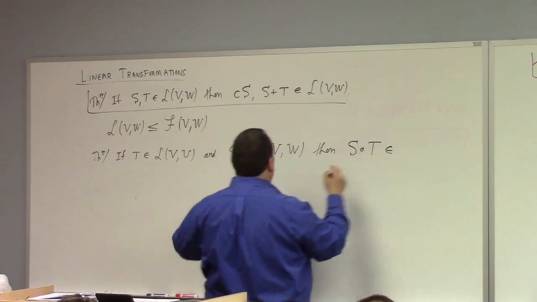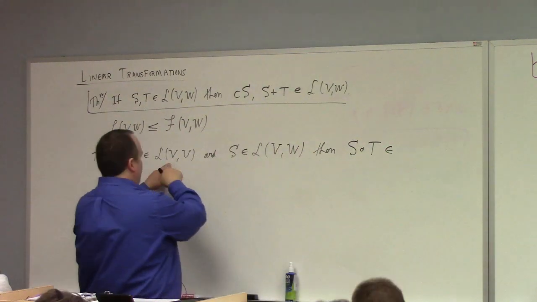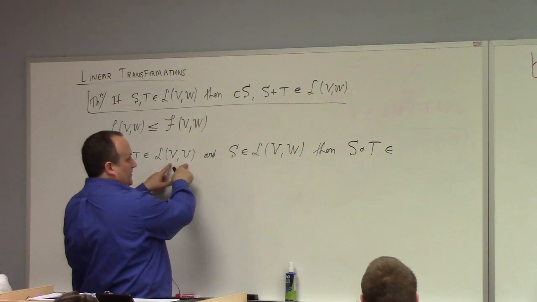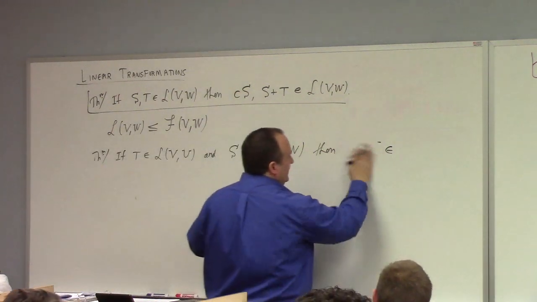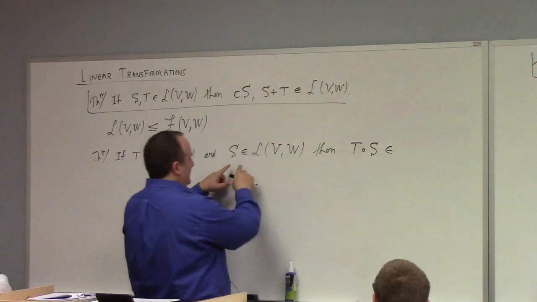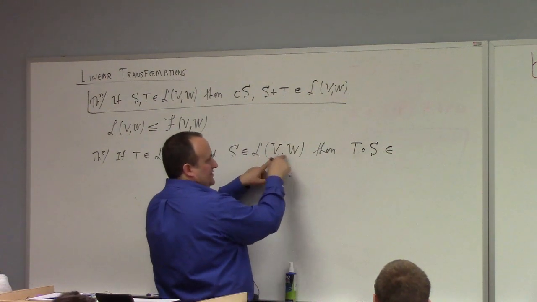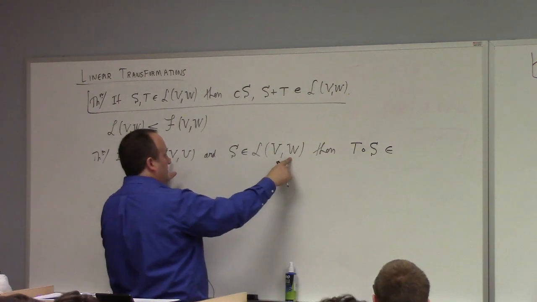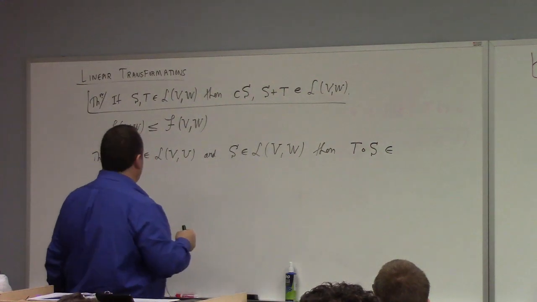S composed with T, is that right? T goes from V to U, oh no, the other, T composed with S. I'll get it eventually, guys. Does that make sense? S takes the input from V to W, this takes the input.